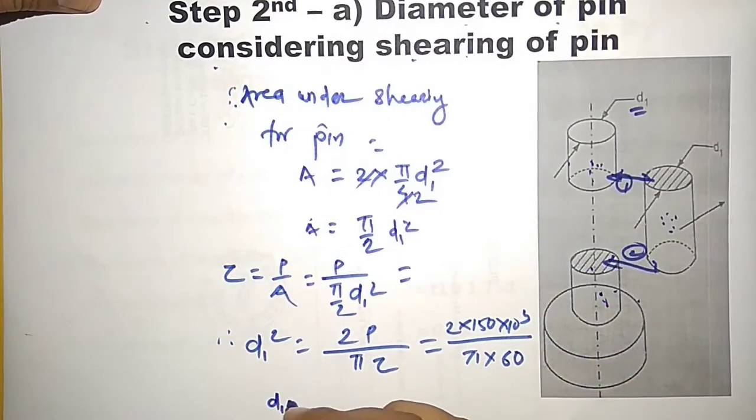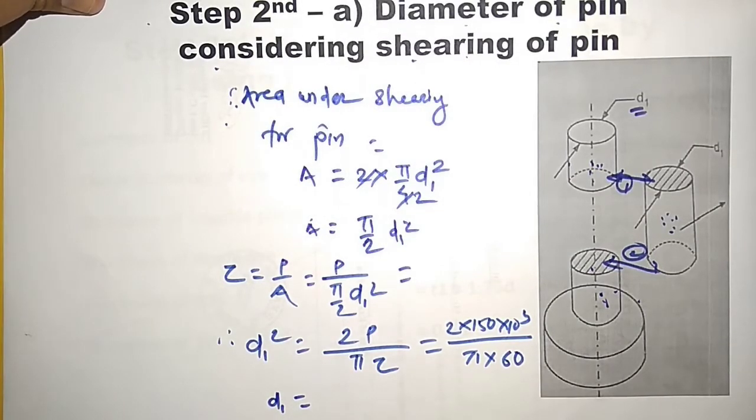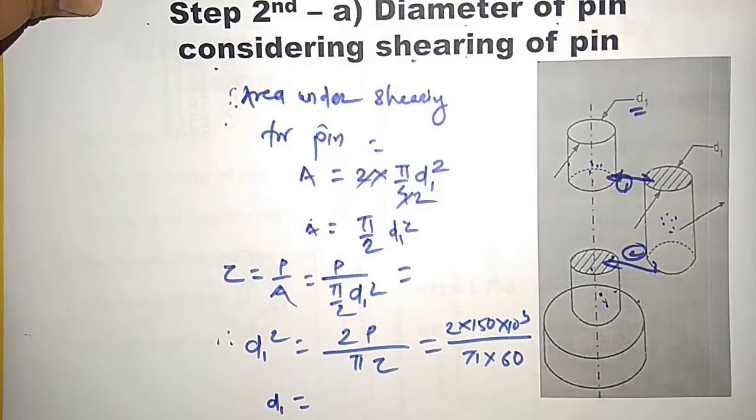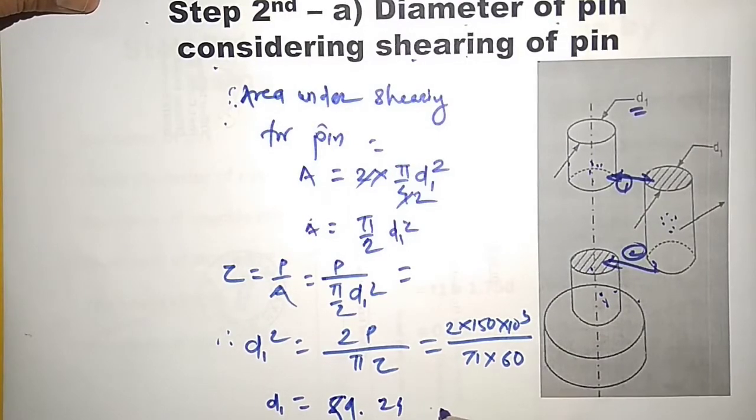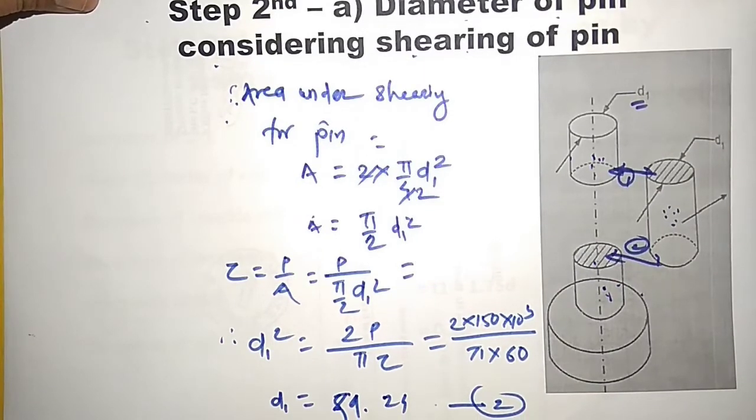Therefore d1 will become, after putting the values, 49.24. So give this as equation number 2.